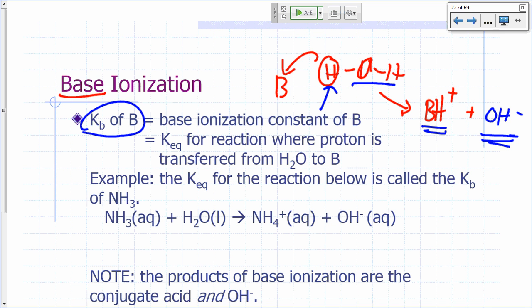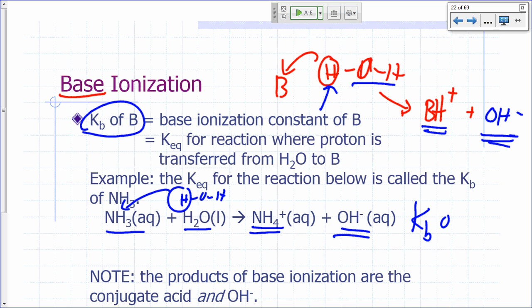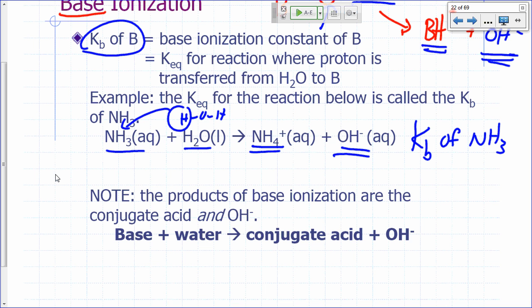So in this example, ammonia plus water: your ammonia pulls a proton away from a water molecule, gives you ammonium ion and hydroxide ion. So the Keq for this is called the Kb of NH3.